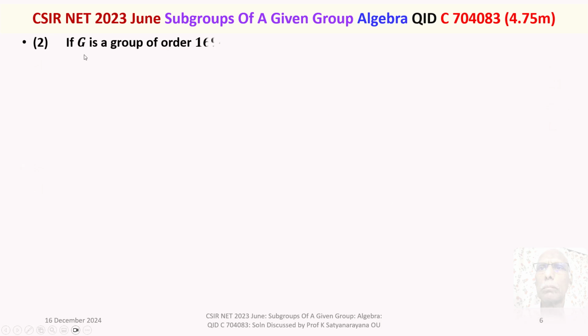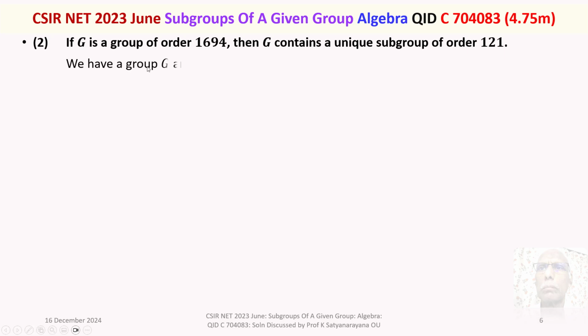Option 2. If G is a group of order 1694, then G contains a unique subgroup of order 121. So, we have a group G and its order is 1694. The prime factorization is 2 into 7 into 11 square. We are trying to apply Sylow's theorems.